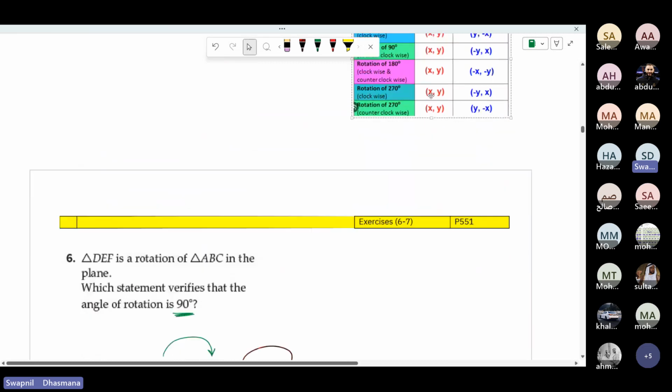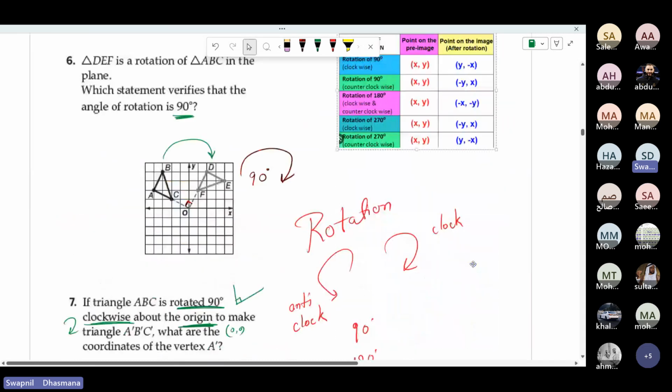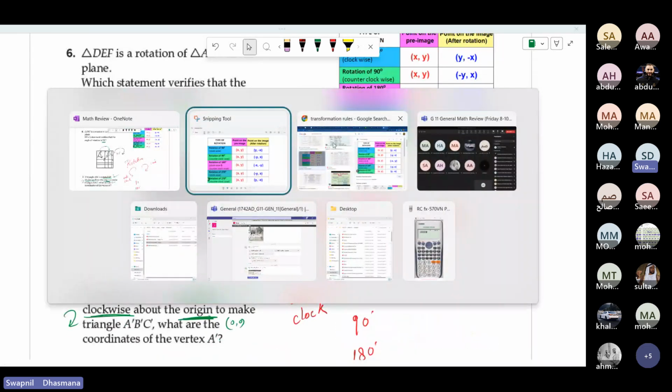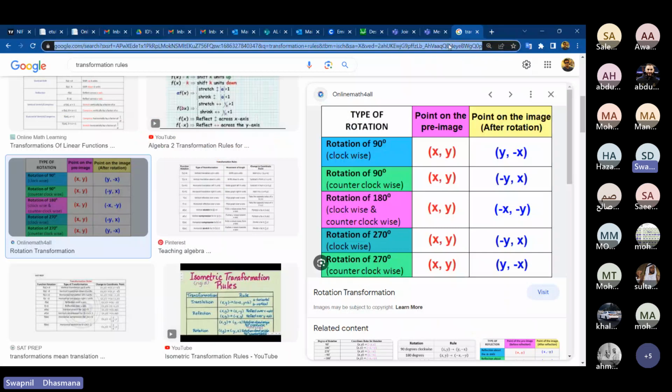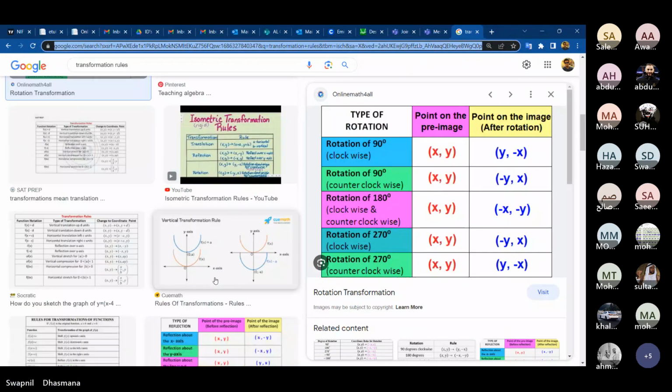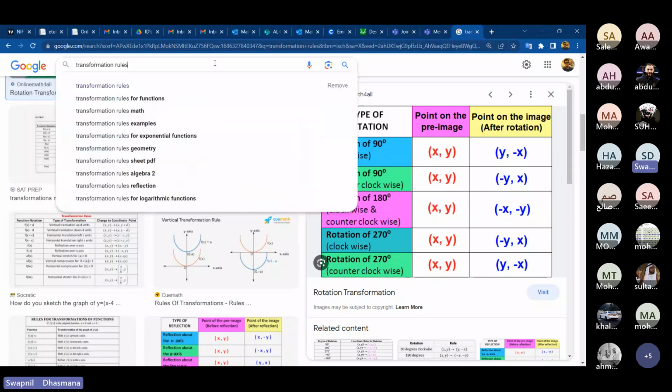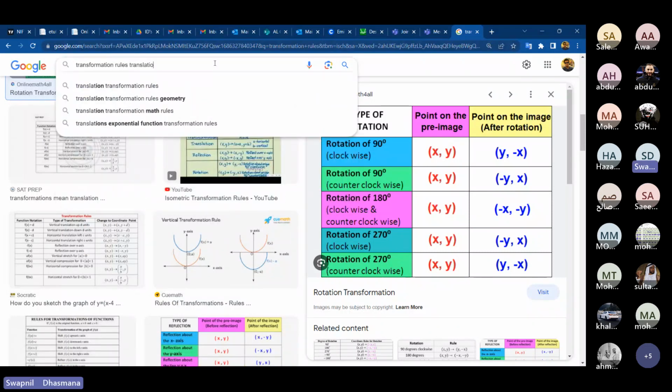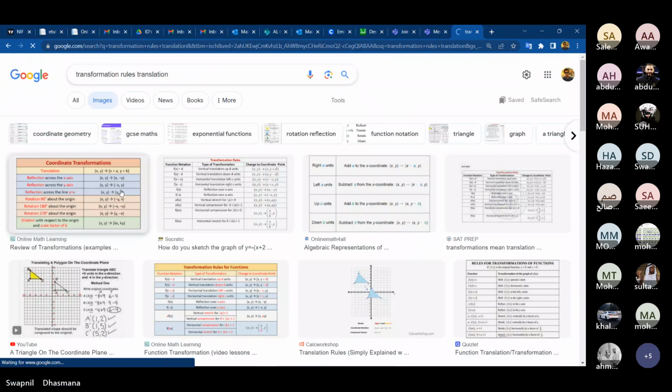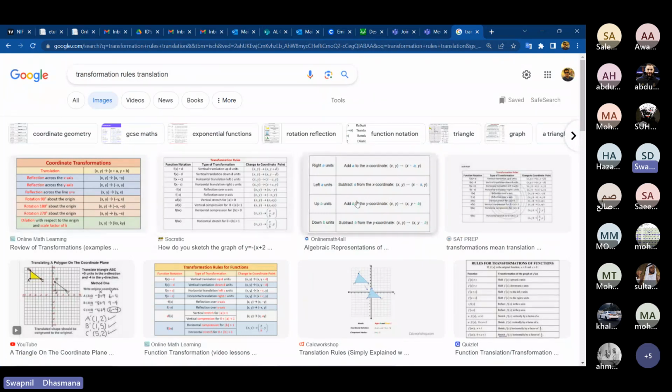Yes, it should come here. So these are the rules for rotation. And in the same way, if I write translation, I will find the rules right here.